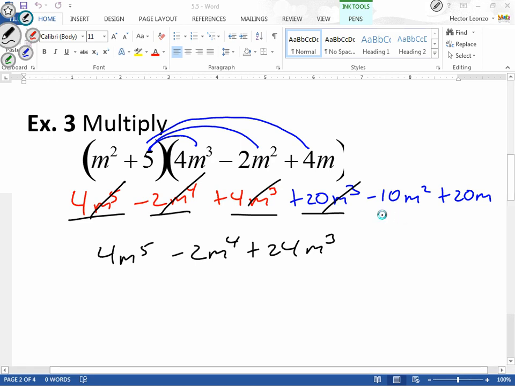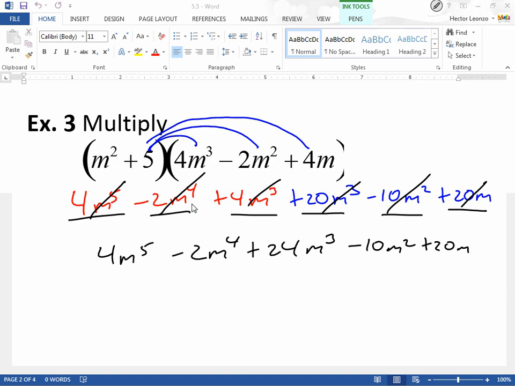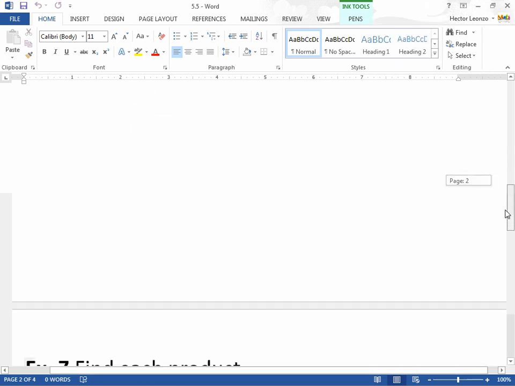When it comes to m to the 2nd, that's the only term. And then when it comes to m, I have +20m. And I don't see any terms with no letters. So that would be my answer: 4m to the 5th minus 2m to the 4th plus 24m cubed minus 10m squared plus 20m. So that's how we multiplied polynomials.